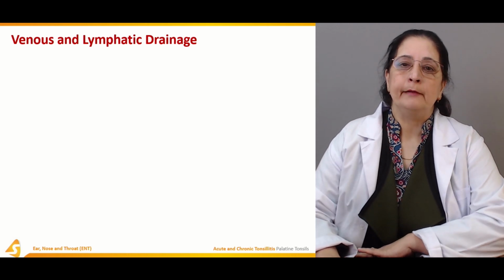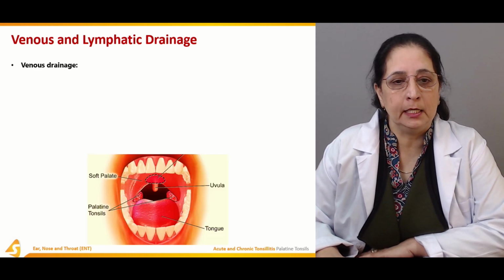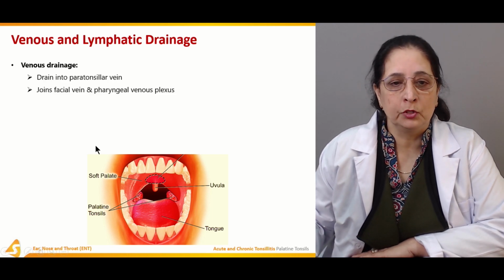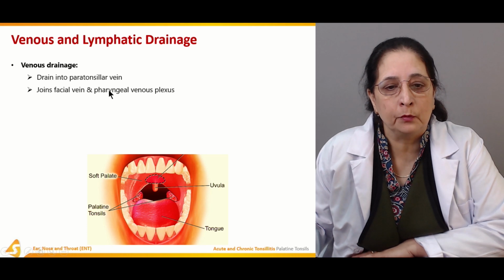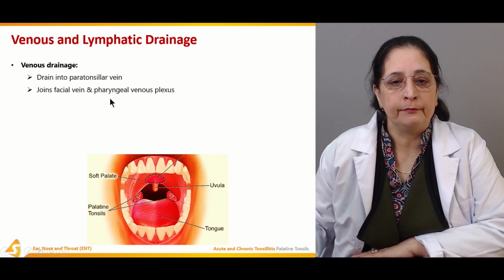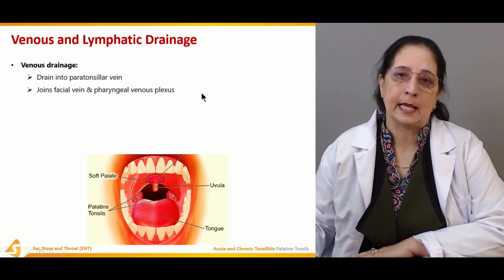Next, the venous and lymphatic drainage of the tonsil. The venous drainage goes to the paratonsillar vein, which joins the facial vein and pharyngeal venous plexus.